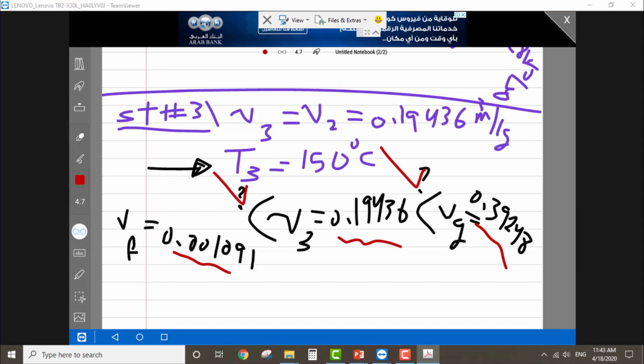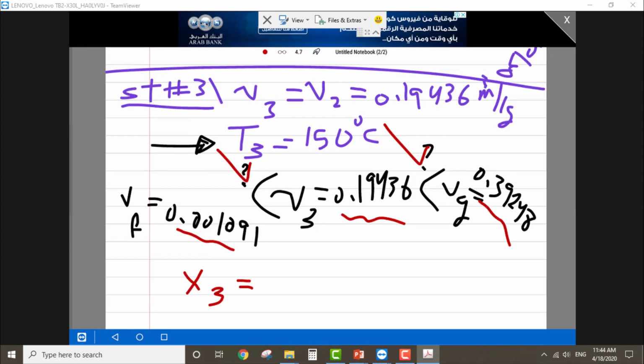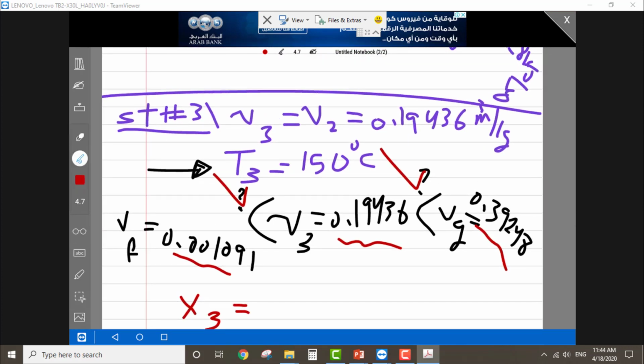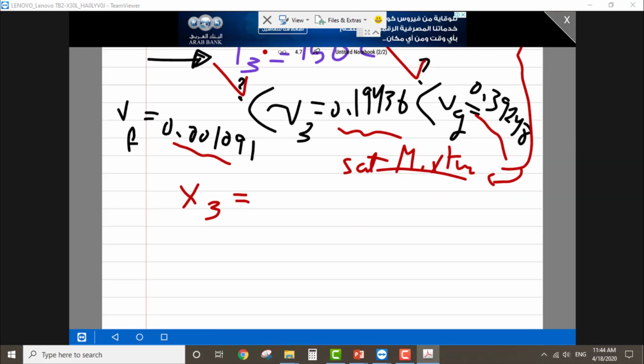So once it is correct, that means we can go and find out the corresponding x. What is the phase here? It is saturated mixture, correct?